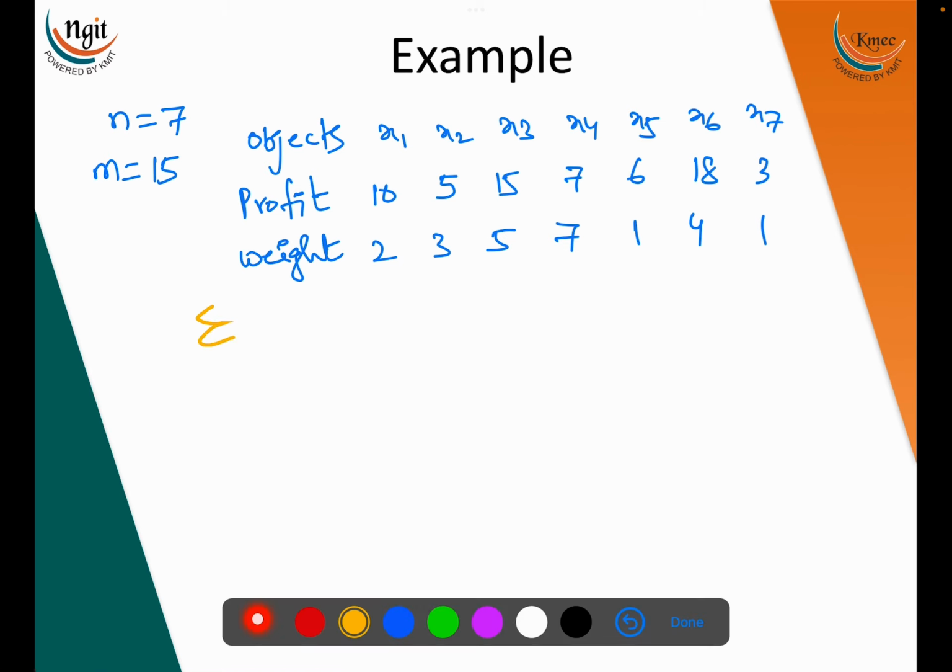That means our bag capacity constraint is sum of xi wi less than or equal to m. Let's see if it is really satisfied. The xi values are the ones I have placed. Xi gives you the placed values which are in the container. What items did we place inside the bag?